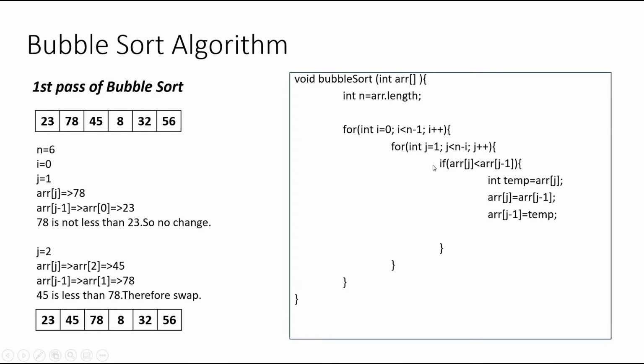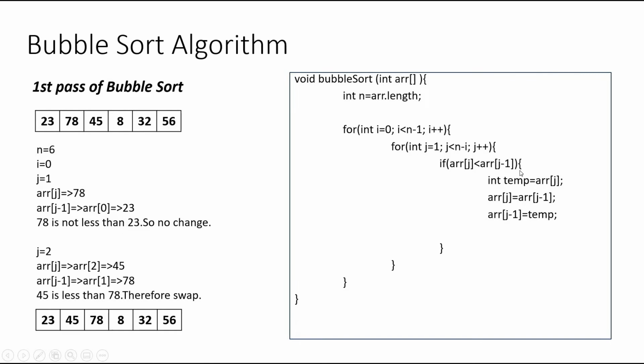Now it again comes to the if condition with j equals 2. arr[2] is 45. j minus 1 is 2 minus 1, which is 1. arr[1] is 78. 45 is less than 78, yes.